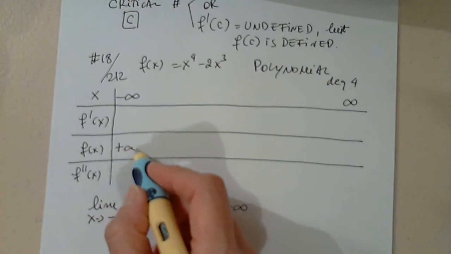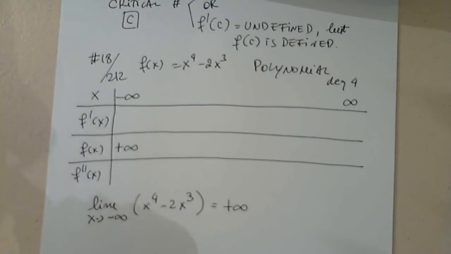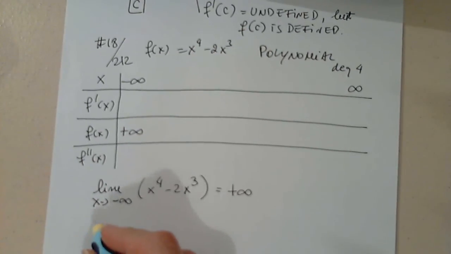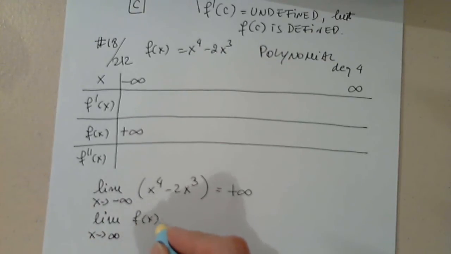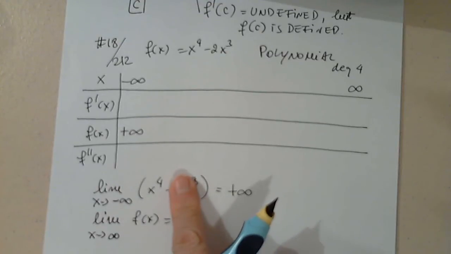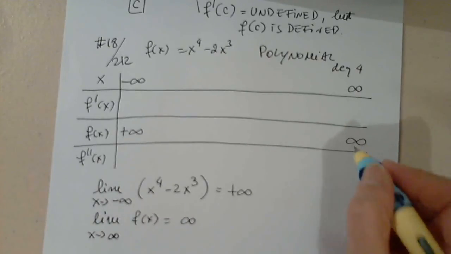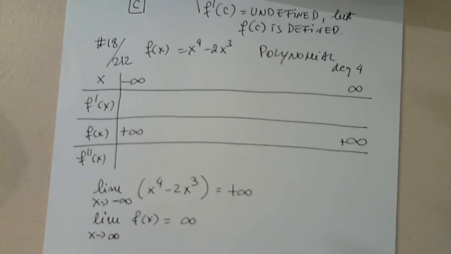So the limit as x approaches negative infinity of the function is infinity. I will determine the same thing for the other side of the function, and nothing changes. This is less powerful than x to the fourth. x to the fourth dictates, so plug in infinity, it's positive infinity.